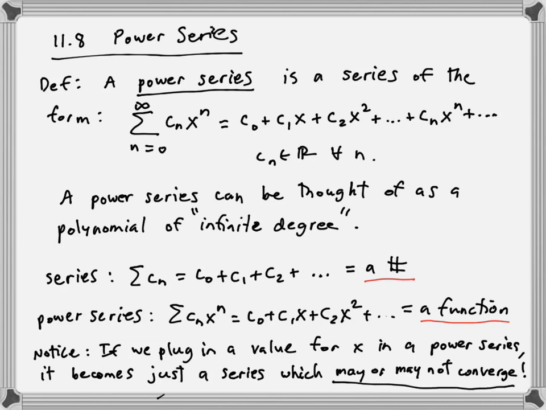Okay, so because it converges for some x's and it does not converge for other x's, the way you could think about it is that by plugging certain x's in, you get a value, and other x's that you plug in, you do not get a value. But that sounds a lot like the word domain for functions, doesn't it?